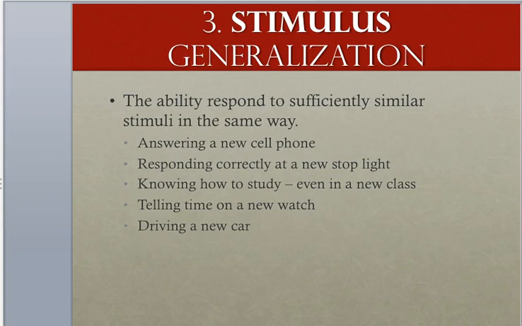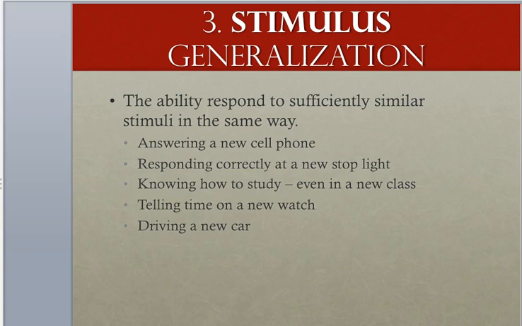Now, the third type of generalization is something that we call stimulus generalization, and this is the ability to respond to other stimuli in the environment in the same way that we treat our training stimulus because they're reasonably similar. This would be things like learning how to answer a new cell phone.